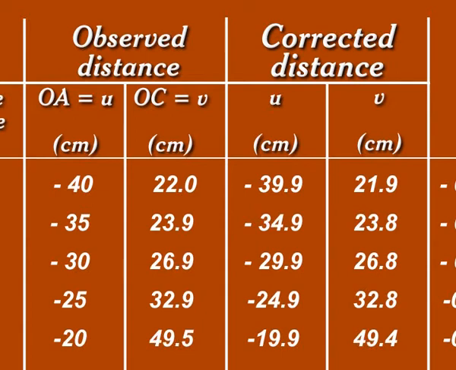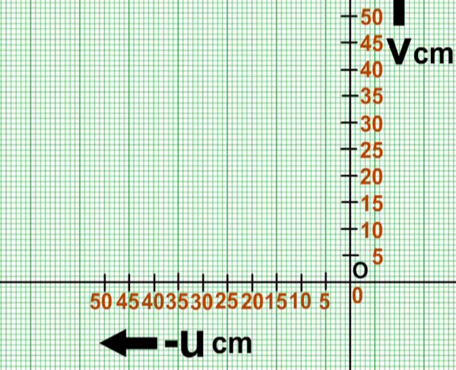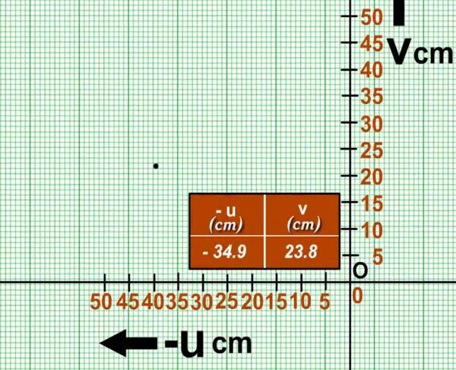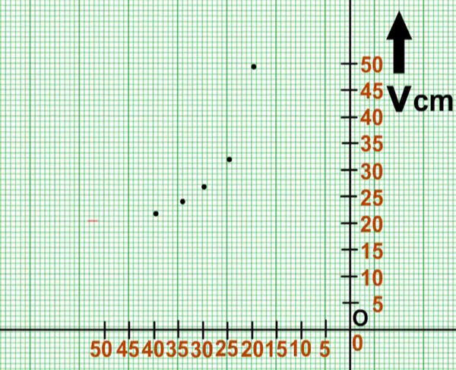To calculate the focal length by the UV method, plot the graph between U and V by scaling on the x-axis 1 division equals 0.5 centimeter of U and on the y-axis 1 division equals 0.5 centimeter of V. Now mark the positions of U and V and draw the graph.